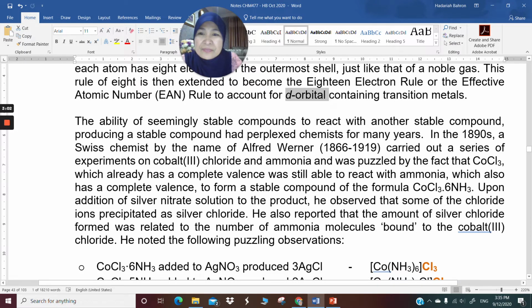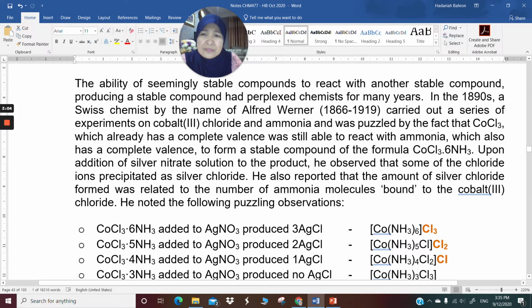Now, what has been puzzling a lot of chemists many hundred years ago is that some compounds that look to be stable, seemingly stable compounds, usually will not undergo any chemical reaction because they are already stable.